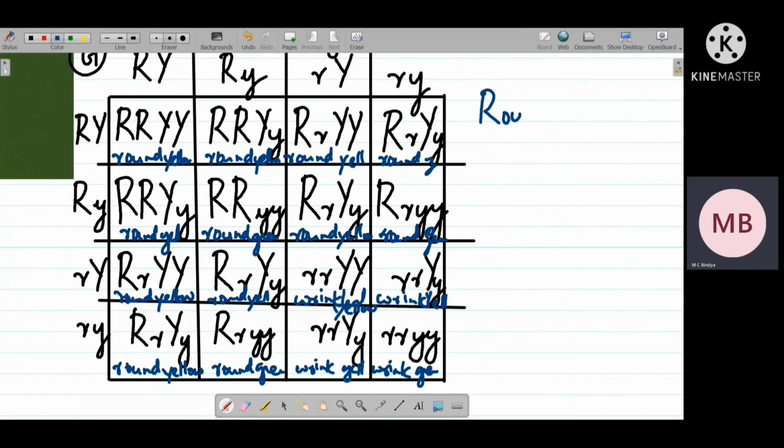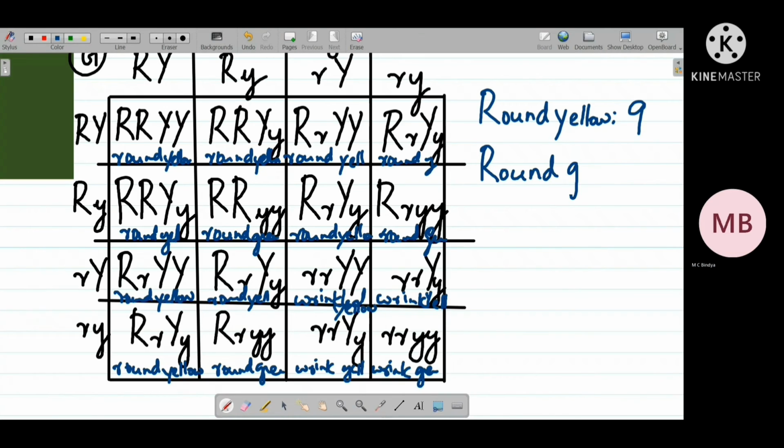Now we'll write down the combinations. Round yellow. How many round yellow plants are there or genotypes are there? There are 9. The next combination is round green. Round 3.